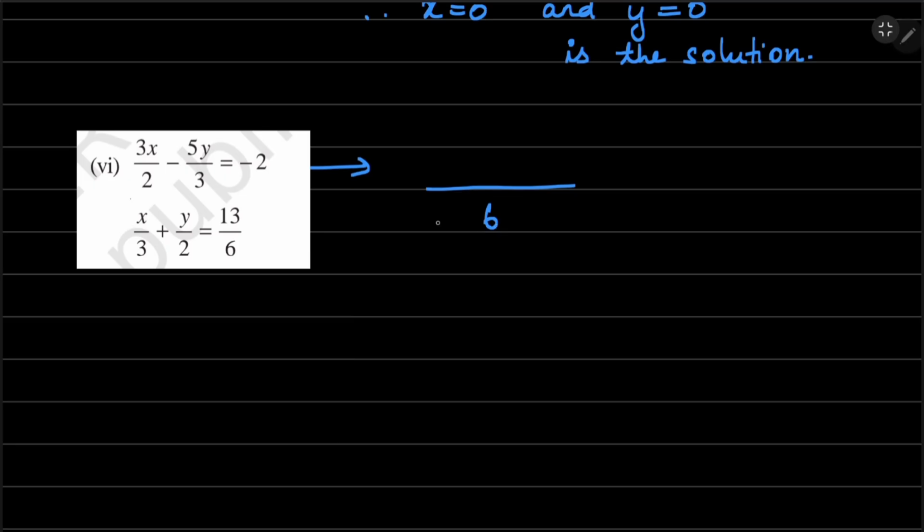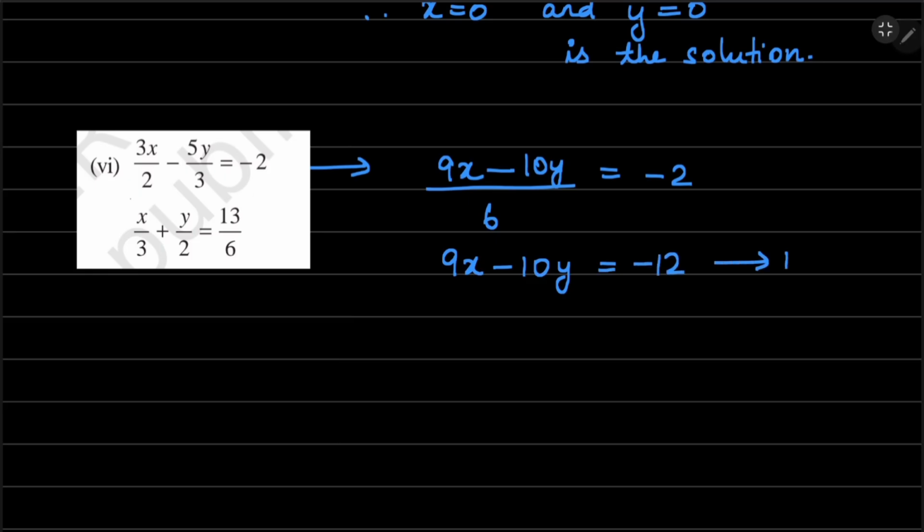It is 6. So what does the numerator become? 2 into 3 is 6. So 3 multiplied by 3x, which is nothing but 9x. So the numerator 9x minus, again 3 multiplied by 2 multiplied by 5y is nothing but 10y. So minus 10y equal to minus 2. Cross multiply. So you get 9x minus 10y equal to minus 12.